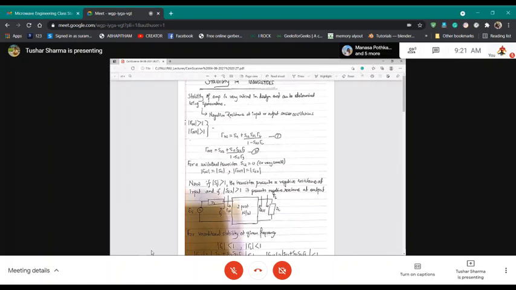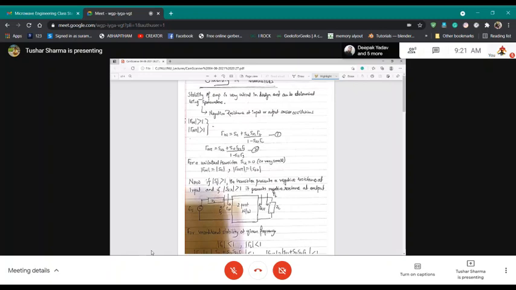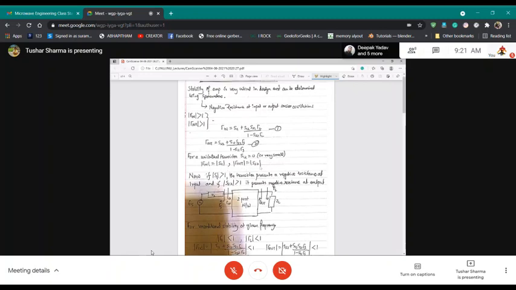This is very important, because this cancels out the interdependence of input and output. So in that case, your gamma in is equal to S11 and gamma out is equal to S22.